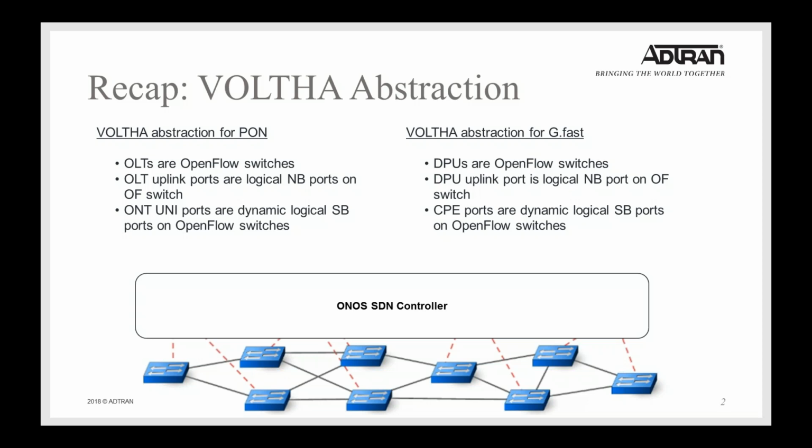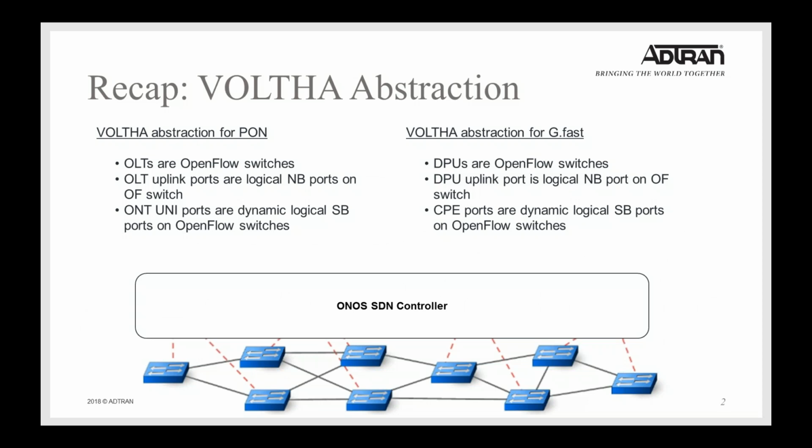OLTs are modeled as OpenFlow switches, and you have northbound and southbound ports for OLTs and for the ONUs or ONTs. For G.fast, we want to introduce OpenFlow switches for DPUs as well. The DPU uplink ports will be the logical northbound ports on these OpenFlow switches, and the CPEs are then dynamically added as southbound ports to these switches.